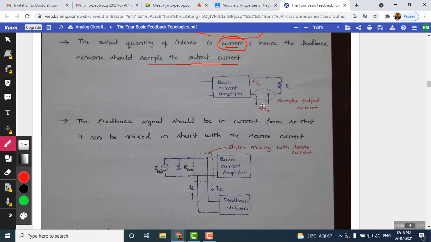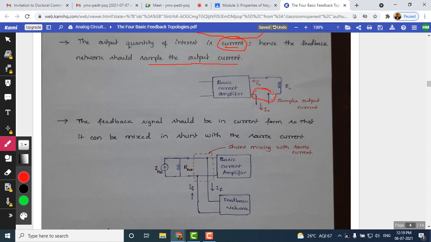Since we have to sample the output current signal and provide that as input to the feedback, you can see here the type of sampling network that we are using. This is going to be a series kind of sampling. You should be aware of what kind of sampling we use and what kind of mixing we employ here.